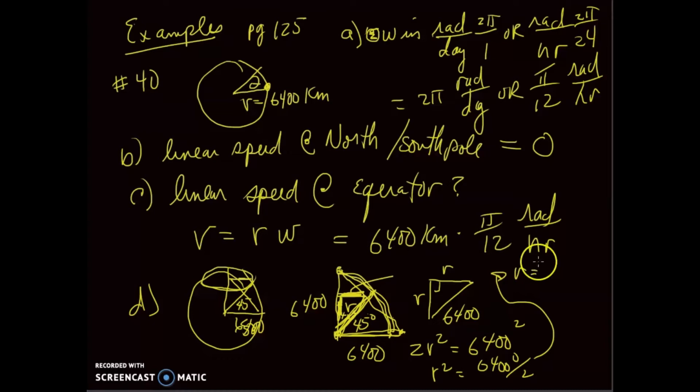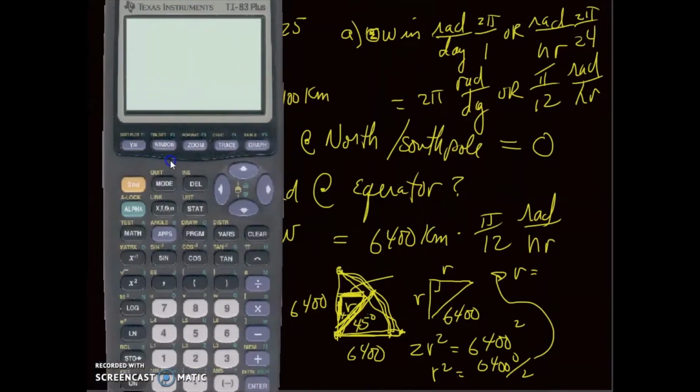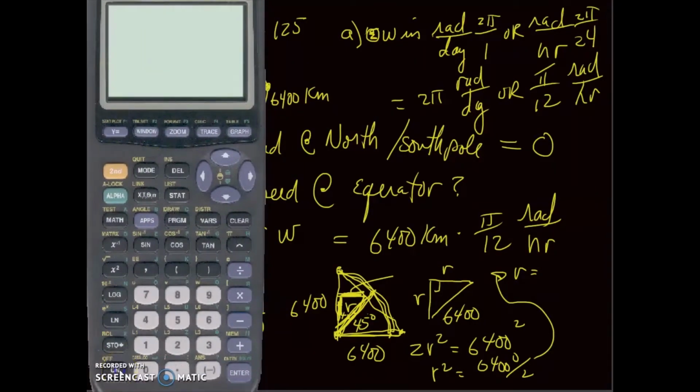So we need to grab the calculator. Let's now put it over here. 6,400 squared divided by 2. Then we need the square root of that answer.